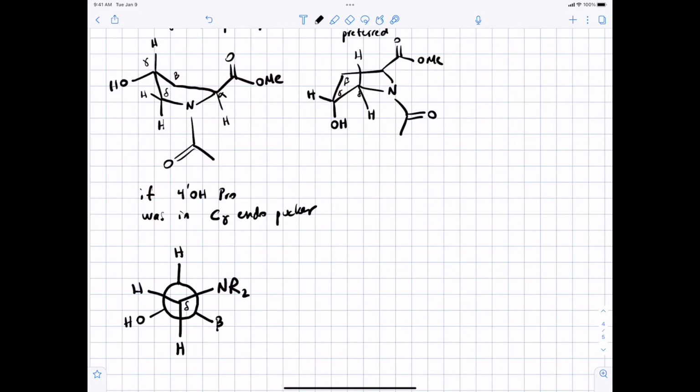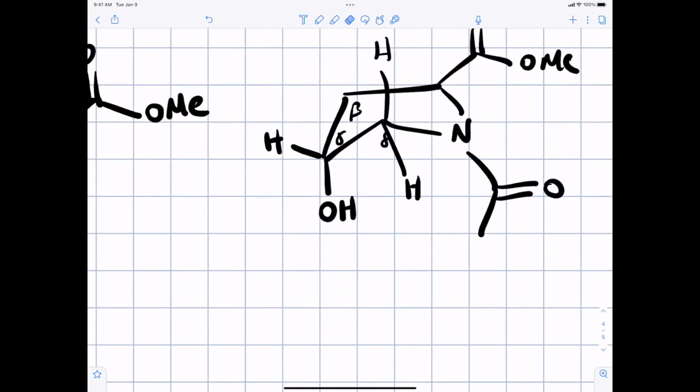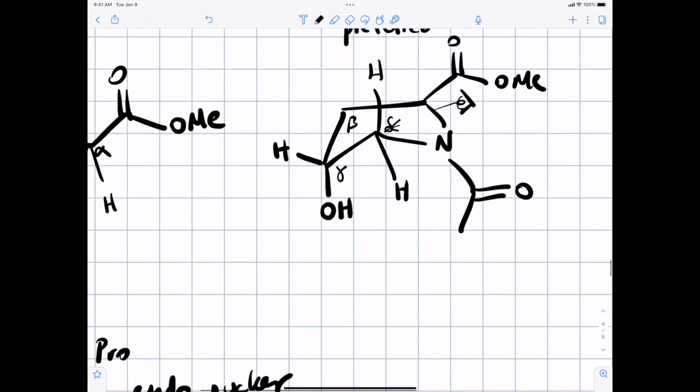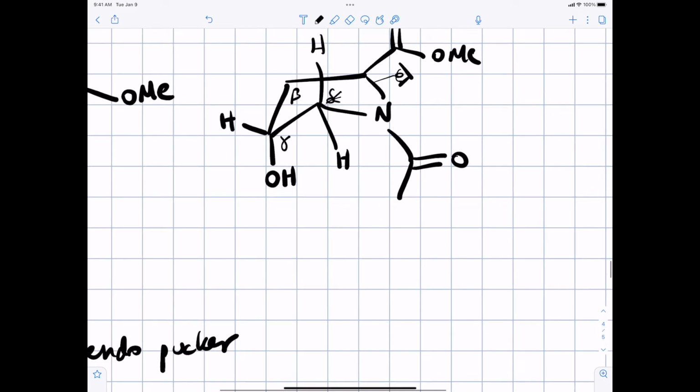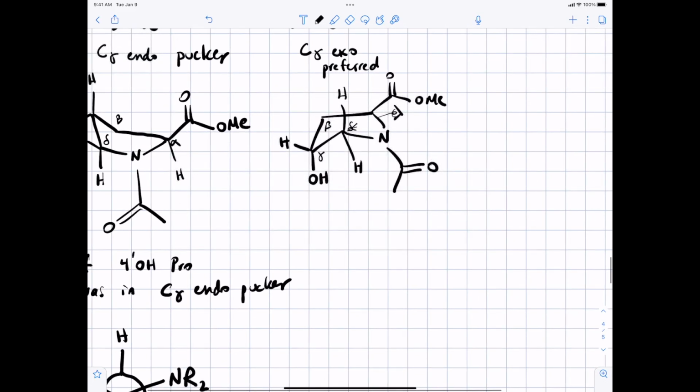Now we're going to do the same thing, but again, we're going to need to look down the bond between gamma and delta carbons. So if we're going to do that, we've got to be creative and put our eyes in the page and try to look down that bond. And if we did that, again, we would see a carbon-hydrogen bond going straight up, another coming out to our left, and then the carbon-nitrogen bond would be sort of out to our right.